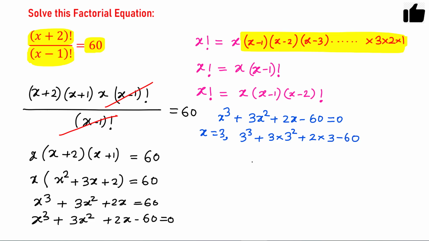What is this value? This is 27, this is again 27, and this is 6 minus 60. So this equals 0. This means x equals 3 is a solution or root of this equation. In other words, I can say x minus 3 is a factor.